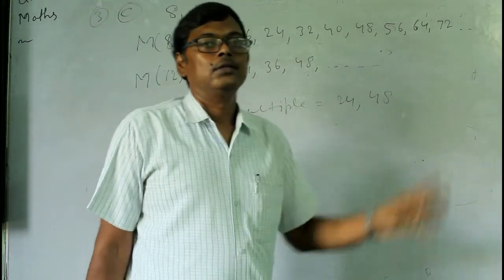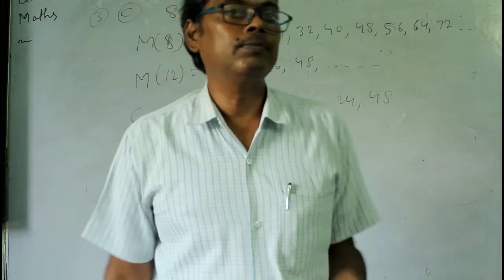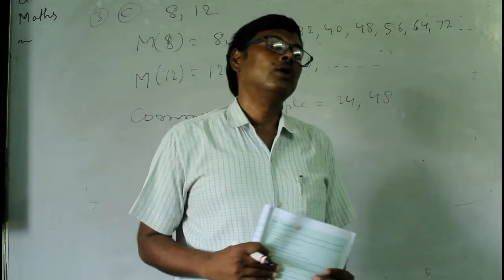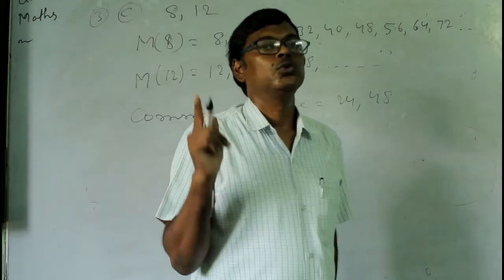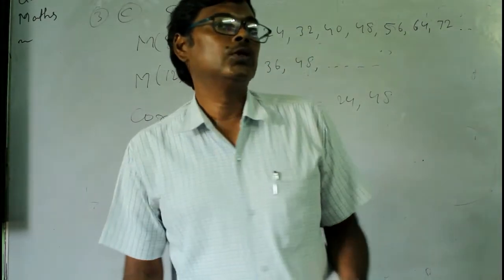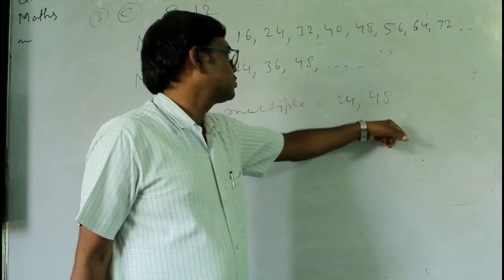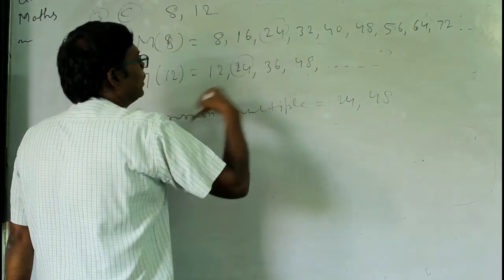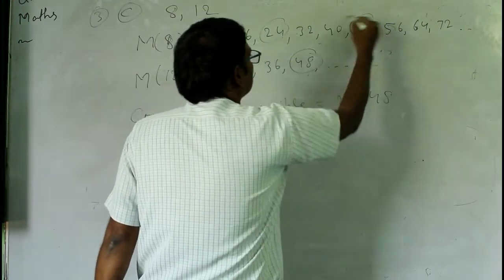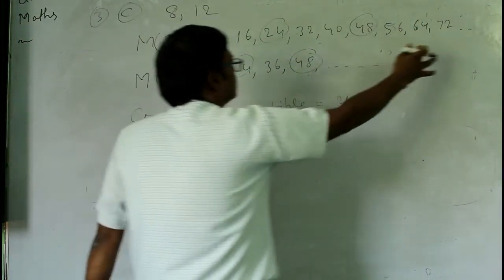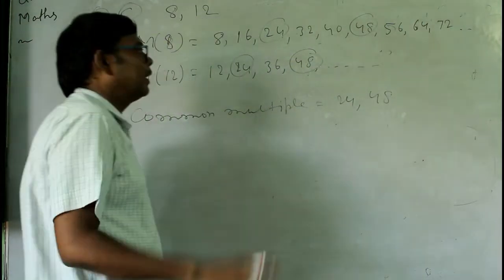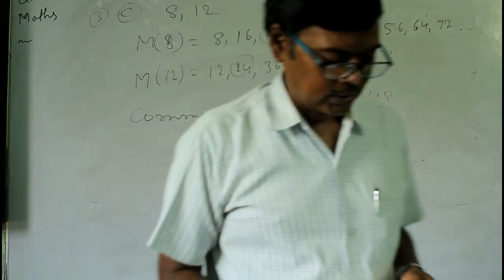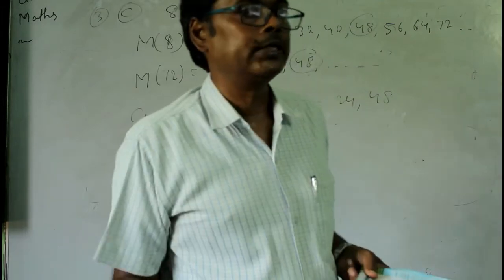There are many multiples which are common, but in the question you are told to write only the first 2 common multiples. You see here 24, and here also 24, and here 48, and also 48 here. If you write, then 72 is also common. Okay, but we will not write that because in the question you will write only 2 common multiples. So similarly you will solve other questions.